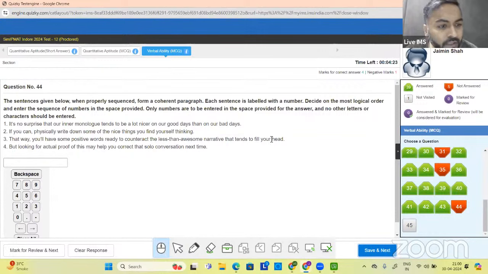If you can physically write down some of the nice things you find yourself thinking, that way you will have some positive words ready to counteract the less than awesome narrative that tends to fill your head. But looking for actual proof of this may help you correct that solo conversation next time.